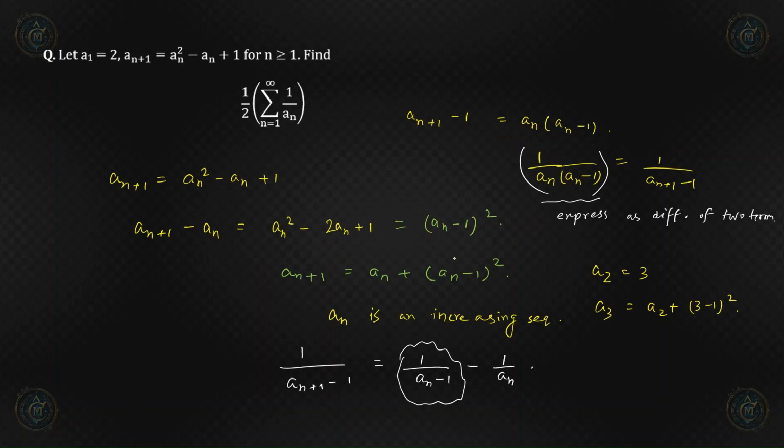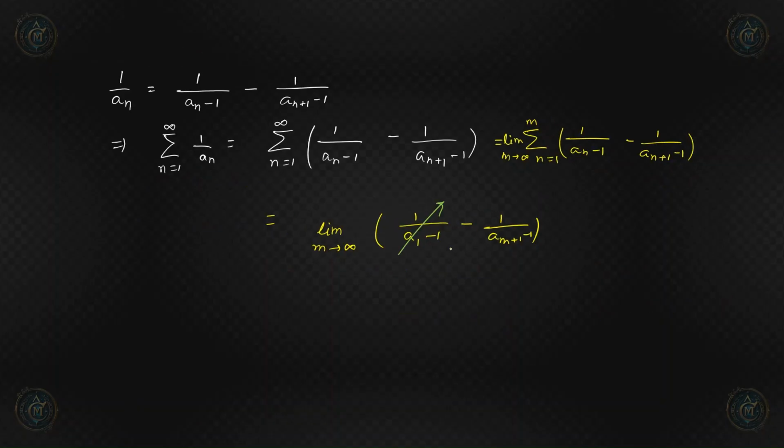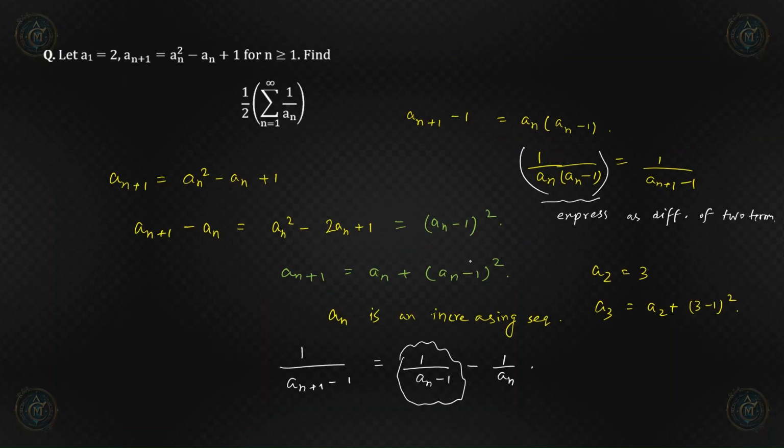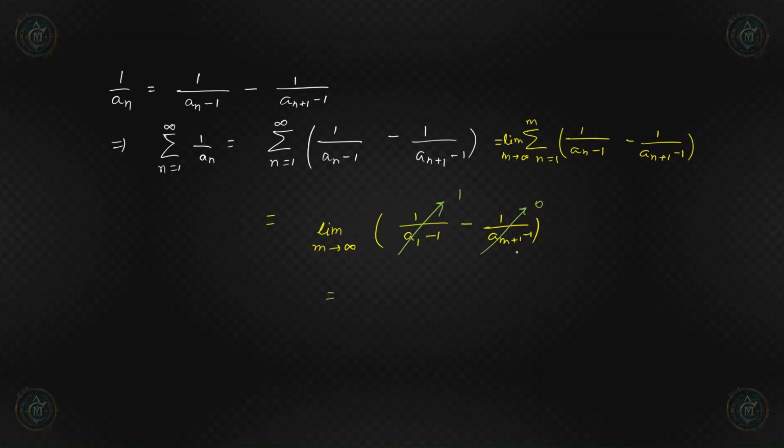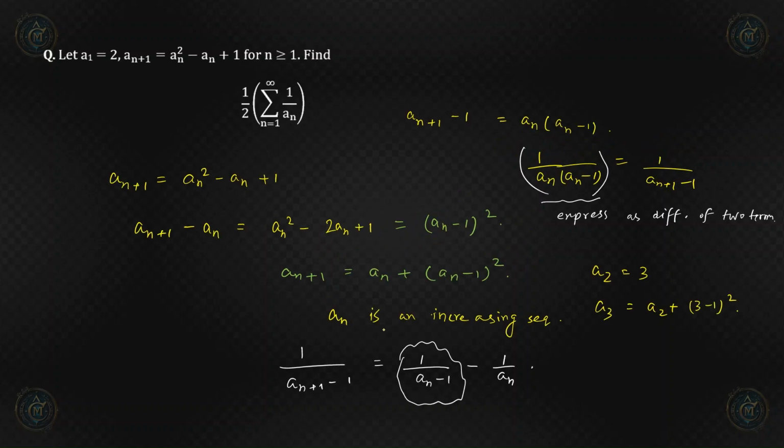Okay, so this first term is known to us already, right? a1 is known to us. This is equal to 2. Okay, so 2 minus 1 is 1, so this becomes 1. The second term will be equal to 0. Why? Because a_{m+1}, if we tend m towards infinity, this denominator part will approach infinity, because we already discussed that a_n is an increasing sequence, right? So for each n, if we calculate a_n, we get that the terms are increasing.